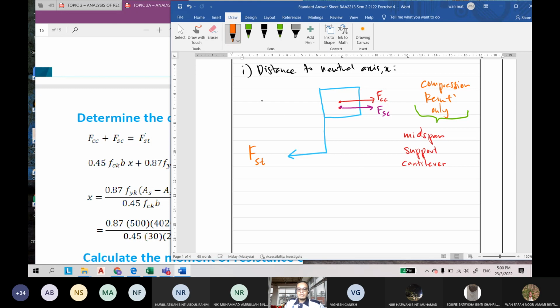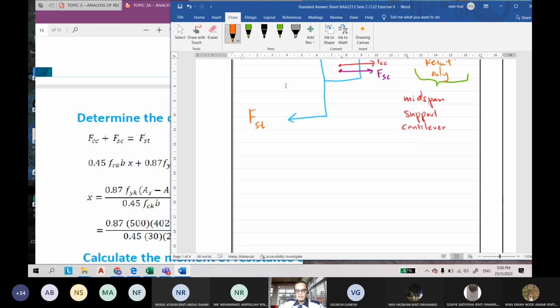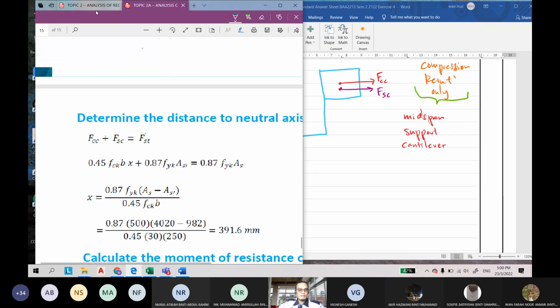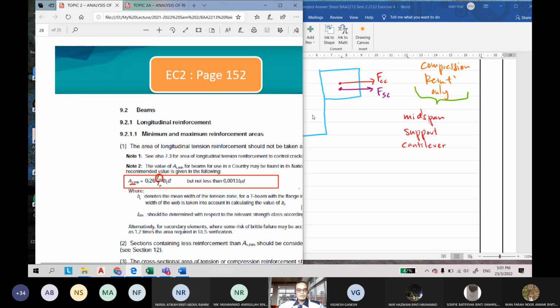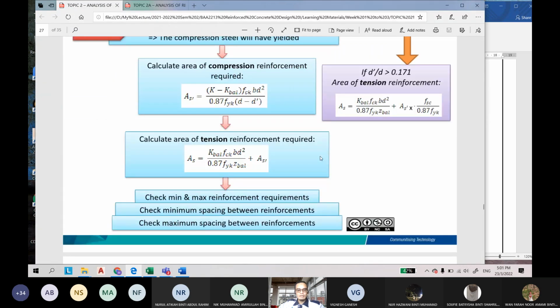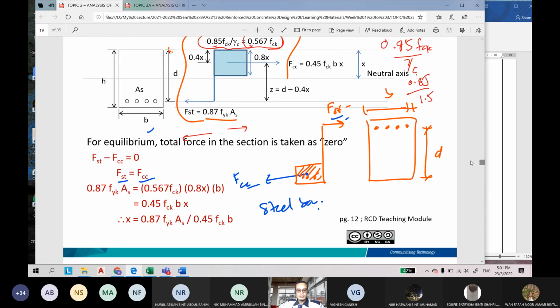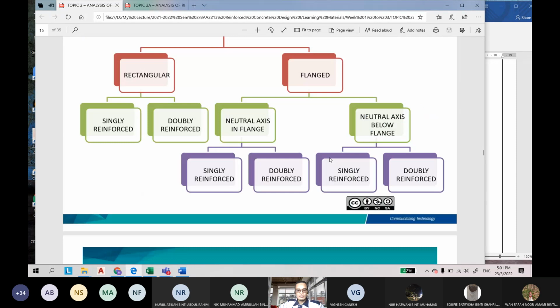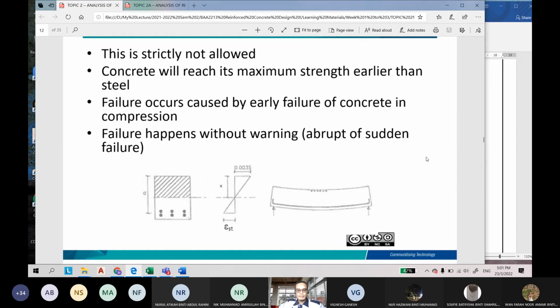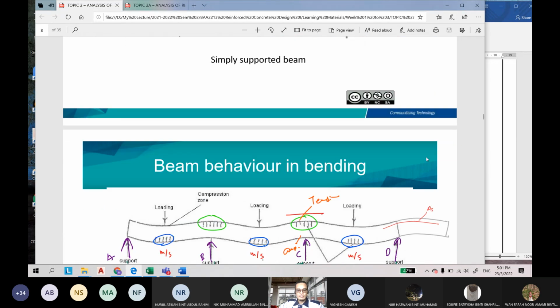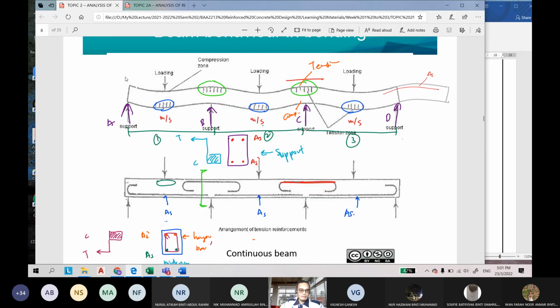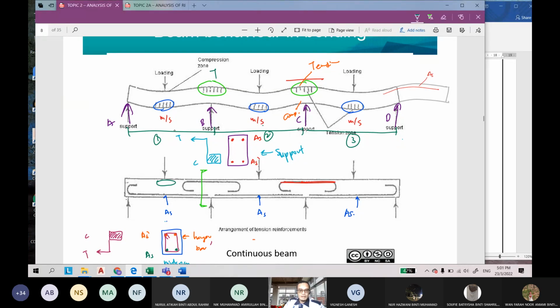Maybe you can recall back to these notes about the compression. Here is the compression, here is the tension.